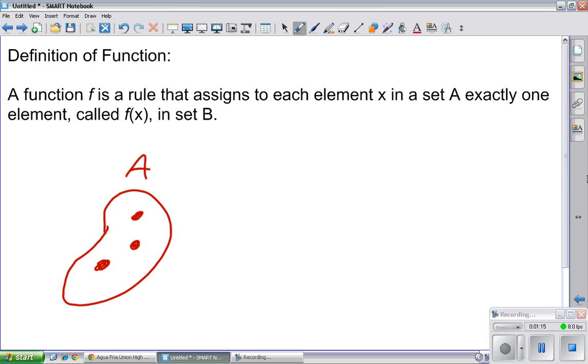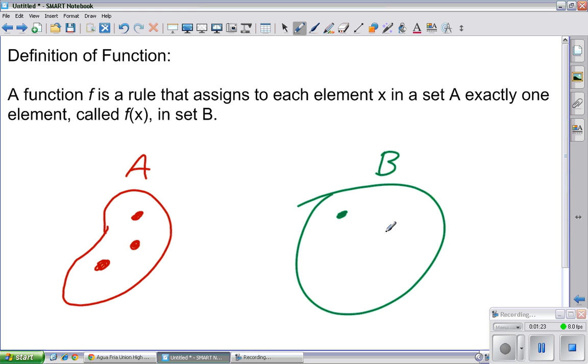And we have this other set that we'll call B with some other elements. What the function does is it takes one element, x, and assigns it to an element in B.